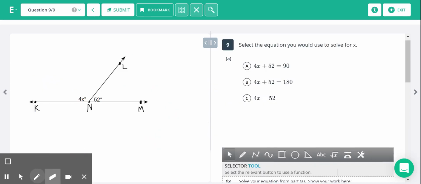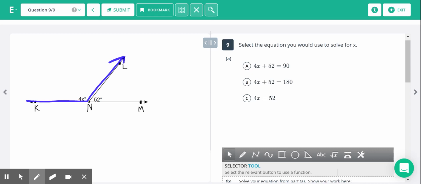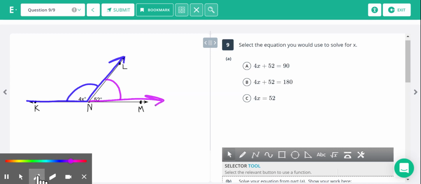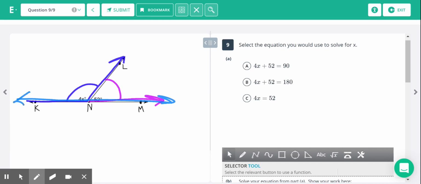All right, for the final question, this is another similar problem. It says select the equation you would use to solve. We see angle KNL is 4x and angle LNM is 52. Together they form a supplementary angle pair of 180.